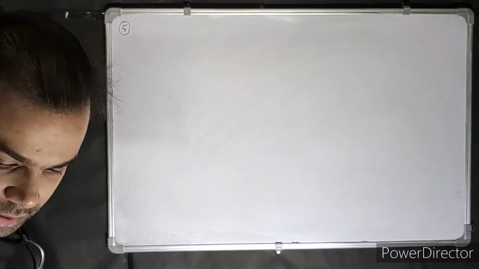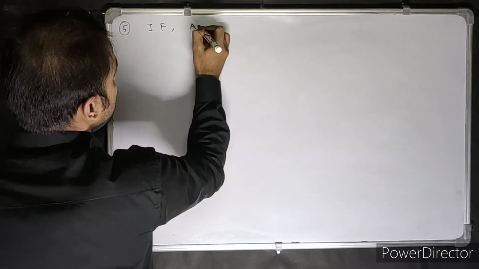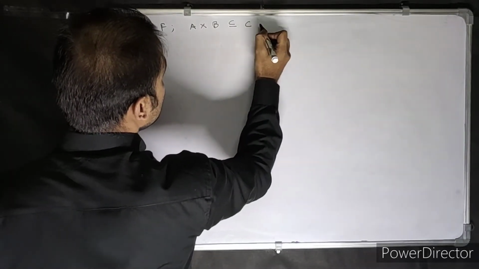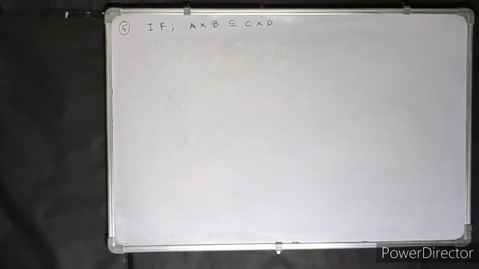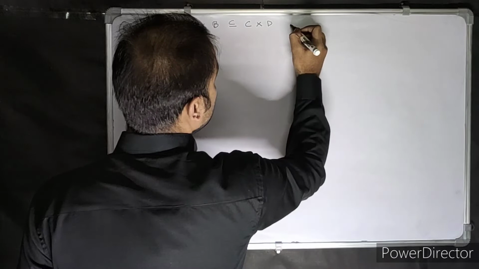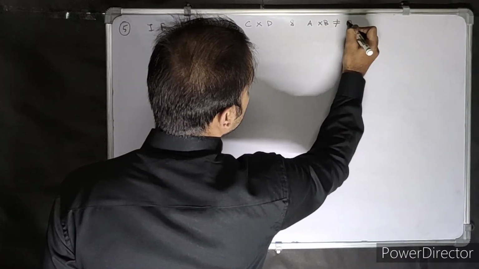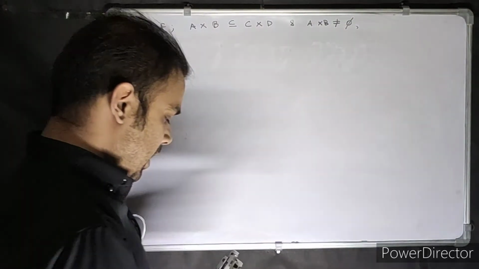Question number 5 is given as: if A cross B is a subset of C cross D, and A cross B is not equal to empty set. This is useless actually. They have just given it to you to confuse you a little bit and nothing else.